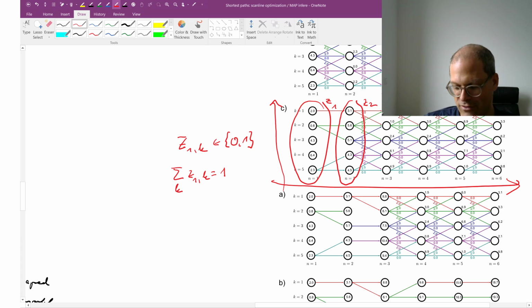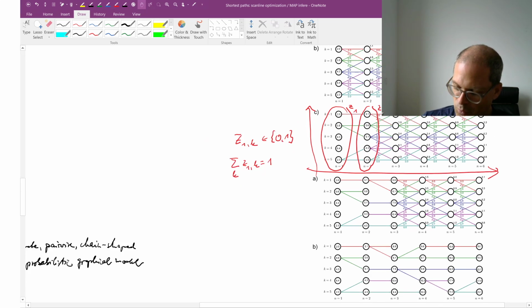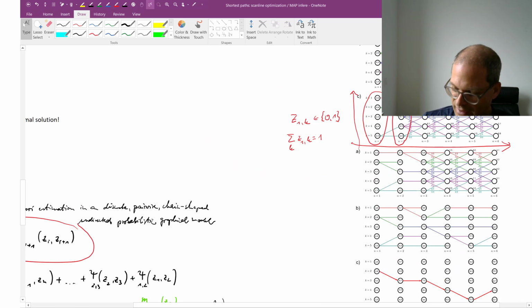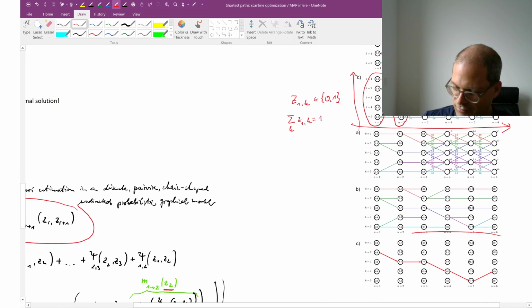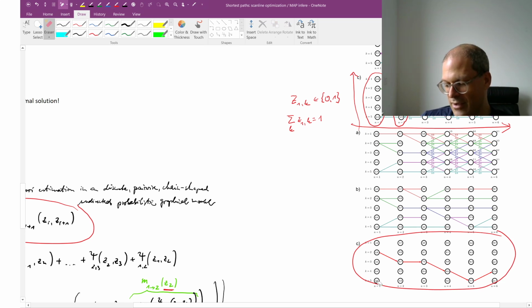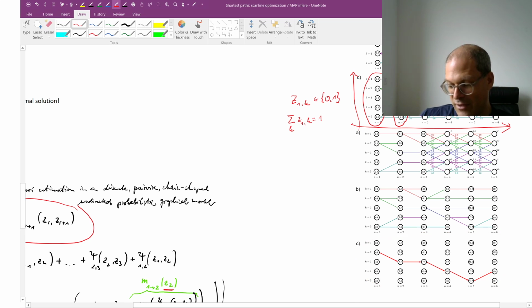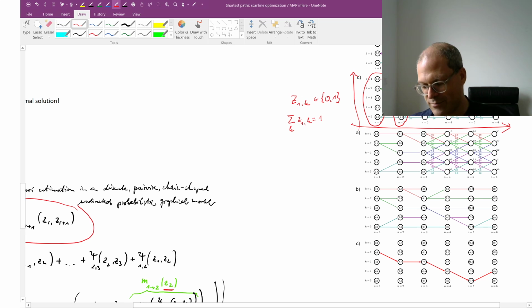So I want a one-hot encoding out. I want exactly one of the states in the end to be 1 and the others to be 0. So this is one way of how I can encode a solution such as this one here. But the beautiful thing is that shortest path will give us a solution that fulfills these properties automatically.